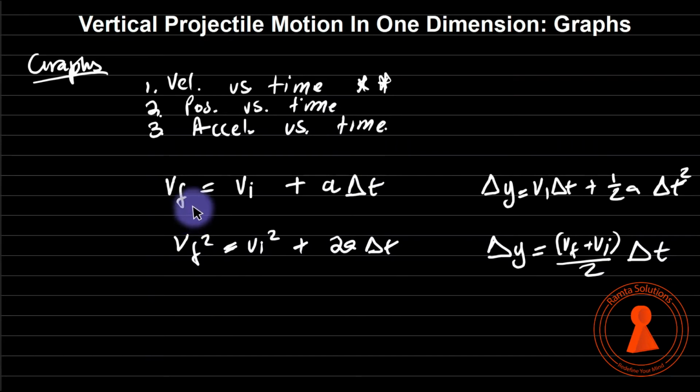So it looks like y equals c plus mx, a straight line. This other one here won't really give me the relationship between velocity and time. So my mistake, this one here is delta y. It will not give me the relationship between velocity and time, so let me ignore it for now.